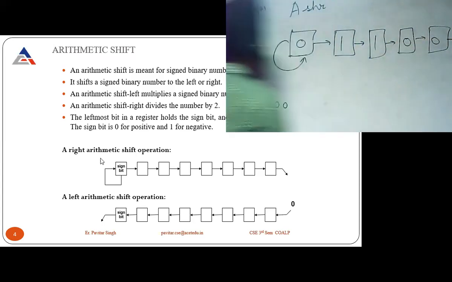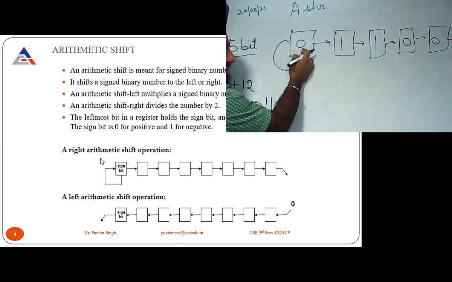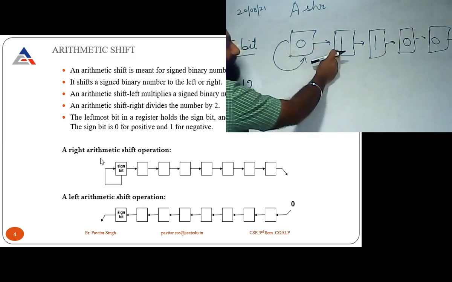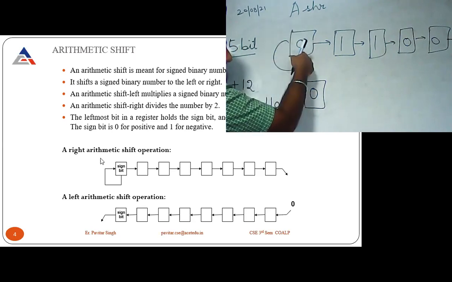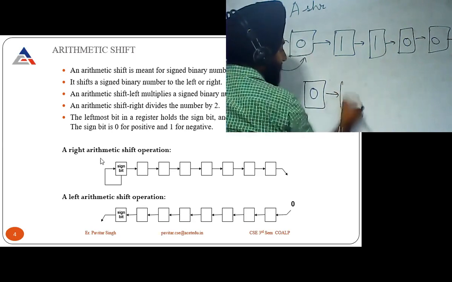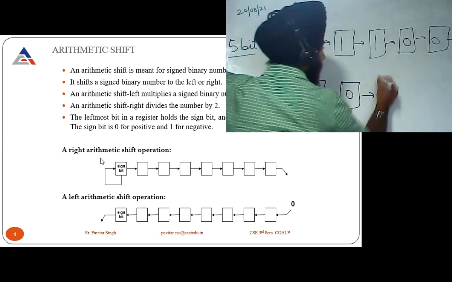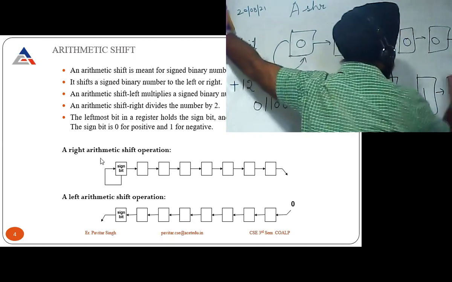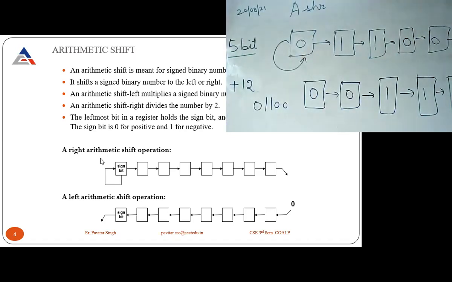Now you are going to perform the ASHR, right? The sign bit 0 will be taken into the first position, and again it will be shifted to the next as well. So what will be your answer after the shift? The 0 will be taken to this position, and after the shift this 0 will be placed in the next position. Again a 0 over here, then a 1, again a 1, and a 0. And the last 0 will be dropped.